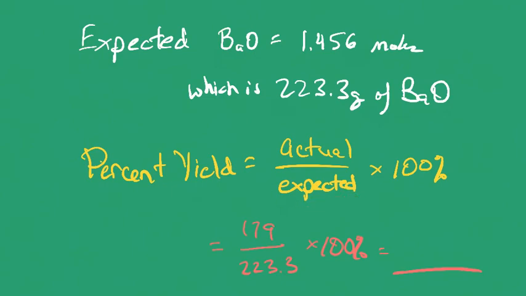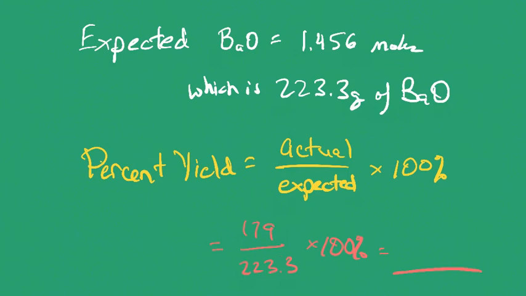But then the problem tells us that we actually got 179 grams. So we're going to use that as the actual. When you take what you actually got in the experiment divided by what you predicted or expected you would get by applying the theory of chemistry, you get a decimal number.